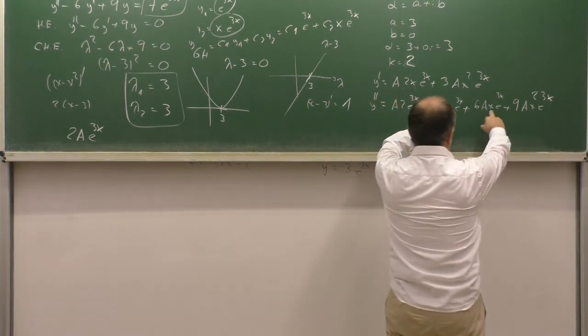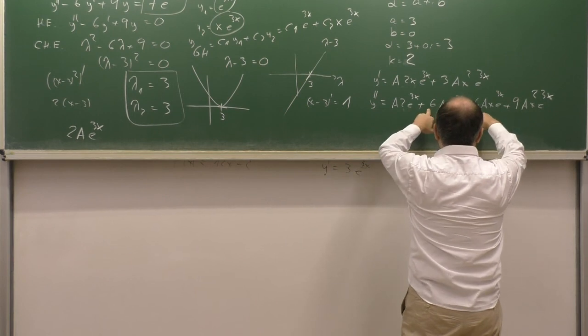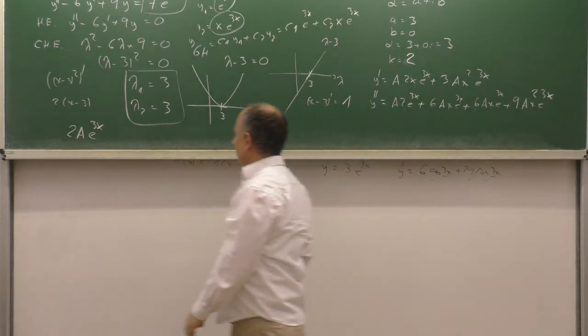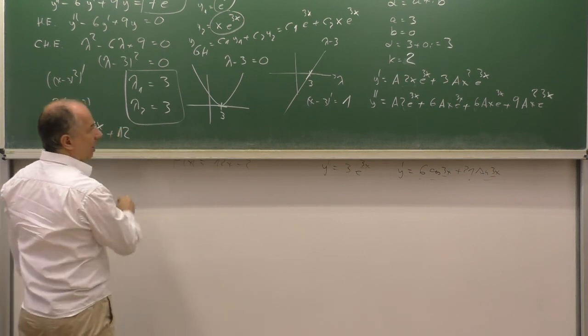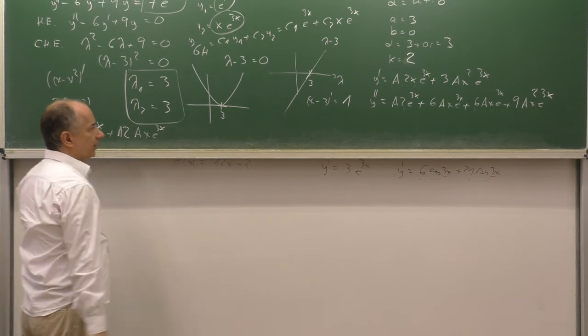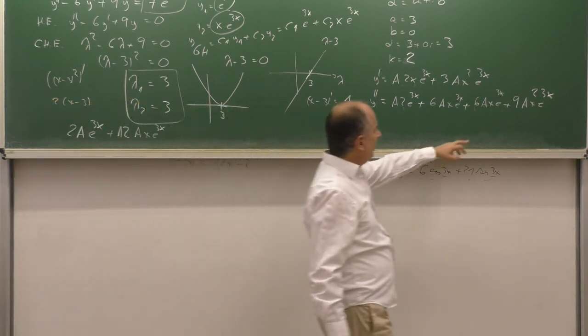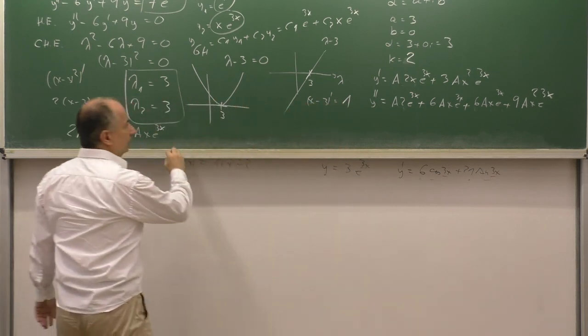Then x is multiplied by a and e to 3x, and 6 plus 6 is 12 a x e to 3x. And then we have 9 times a x squared.